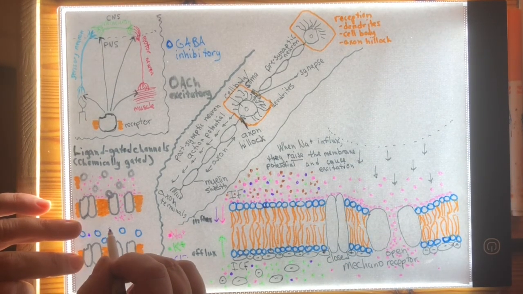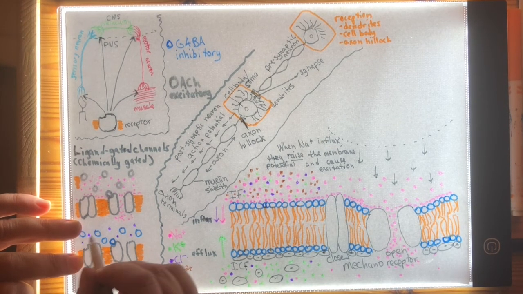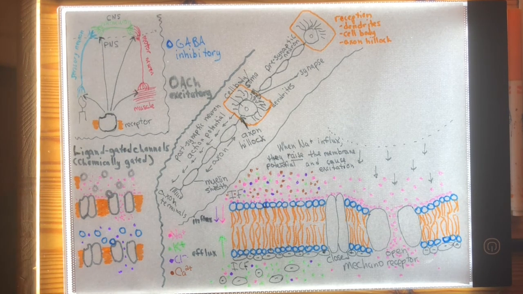Chloride ions have a diffusion gradient, which means that when given the opportunity, they will influx. And there we go. GABA is a neurotransmitter that binds to chloride ion channels and therefore allows for the influx of chloride ions and therefore brings a negatively charged structure into the cell, therefore depressing the cell.